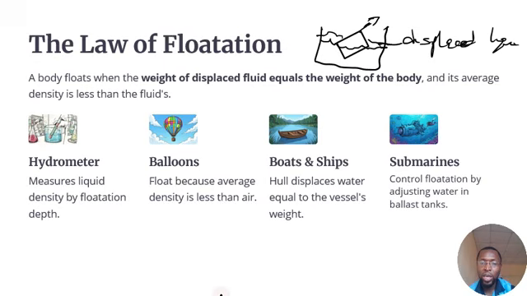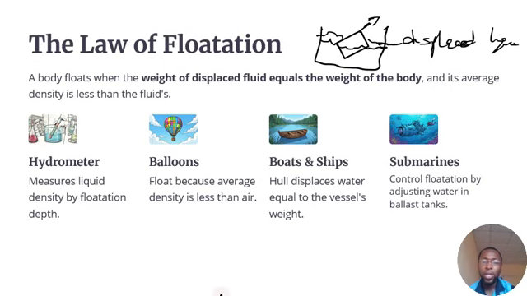And we could also see boats and ships moving on water because the weight of the displaced liquid is equal to the weight of the boat. That is why the boat can float. If the weights are not equal, there is no way they will be able to float. Then submarines too make use of this flotation law.